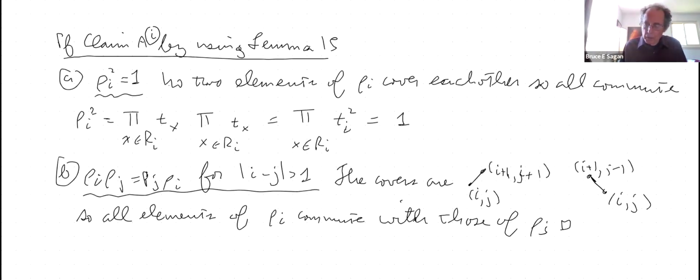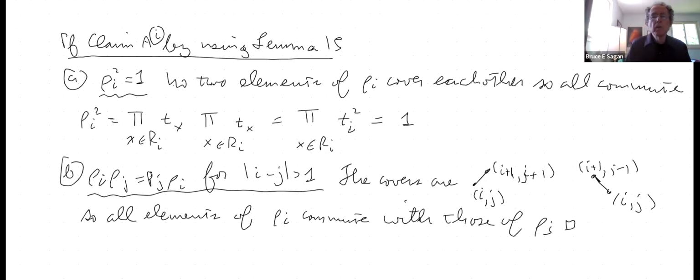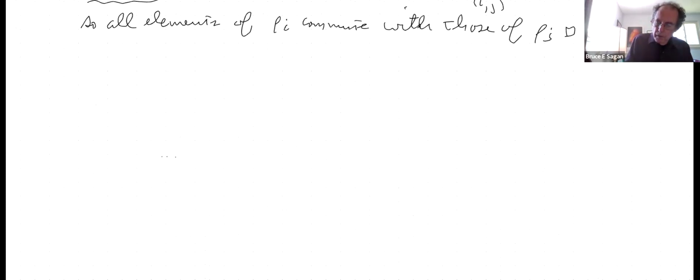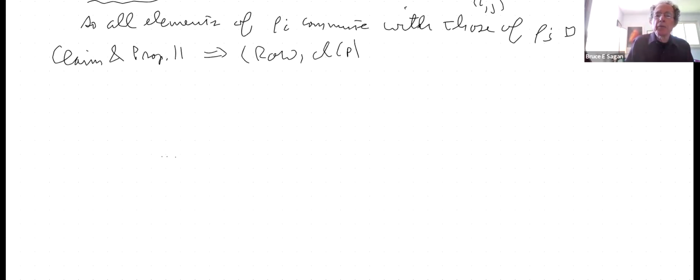Okay, so what have we got then? From claim A, these two guys are conjugate. And our result about conjugates giving us equivariance, we know that rho on ideals of P is equivariant with rho prime because they're conjugate, and similarly with pro.